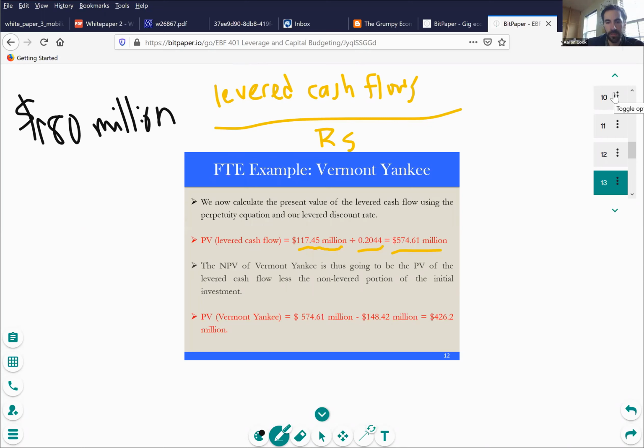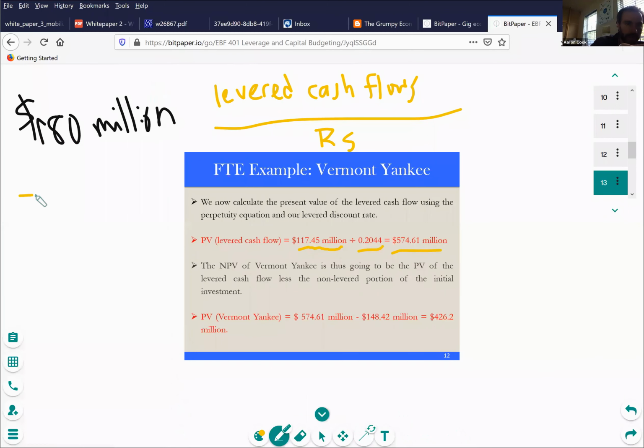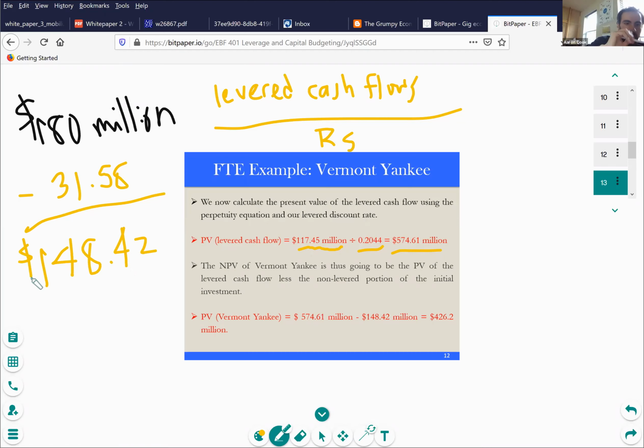So that 31.58 million has already been accounted for in the interest payments. So we can subtract that 31.58 from the initial investment cost. That comes to 148.42 as the net investment cost, the investment cost net of the debt.